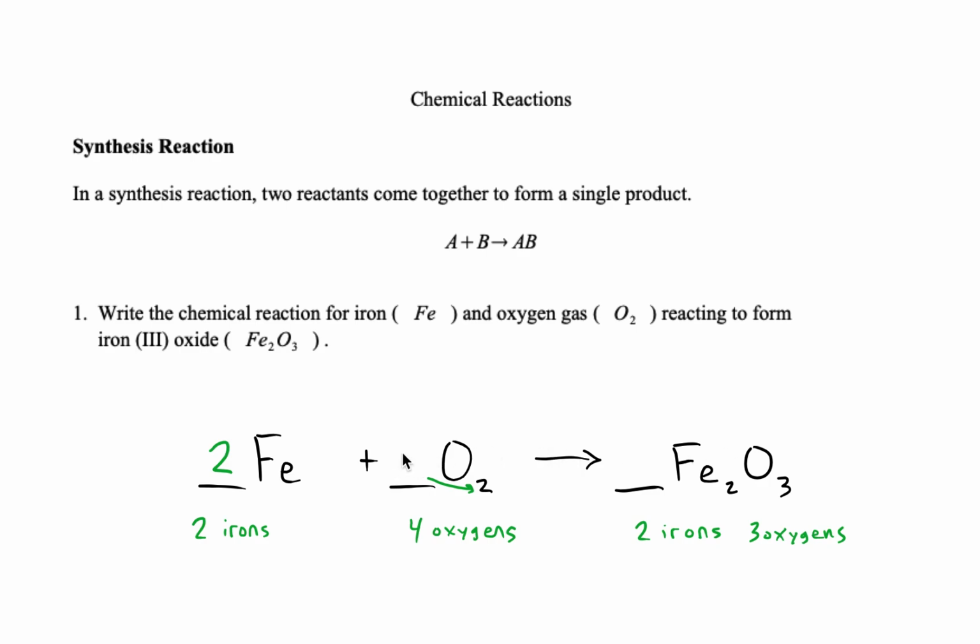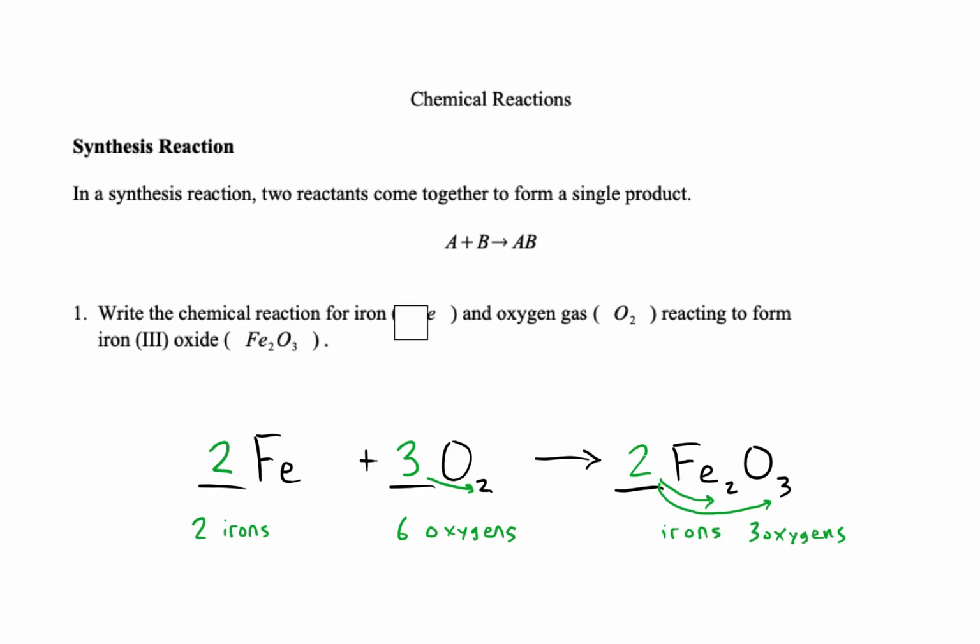Instead, let's try a 3. If we make that into a 3, then that'll give us 3 times 2, which is 6 oxygens on the left. And if we go and put a 2 onto the product, then we would multiply the 2 times the 2 here and a 2 times the 3 there.